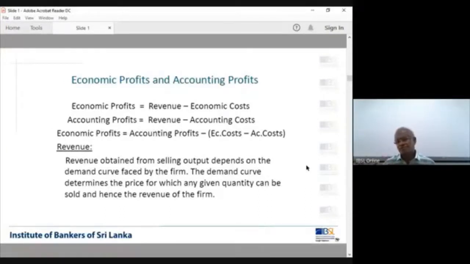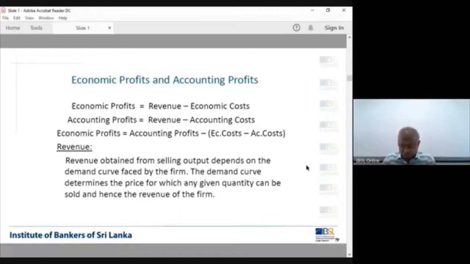Revenue is how much you can earn by selling your output. It is the same in both, and depends on consumers' demand. But economic cost is a different concept. Accounting profit is revenue minus accounting cost. So now we have to know the relationship between economic cost and accounting cost. We'll discuss that. So what is more important, economic profit or accounting profit?